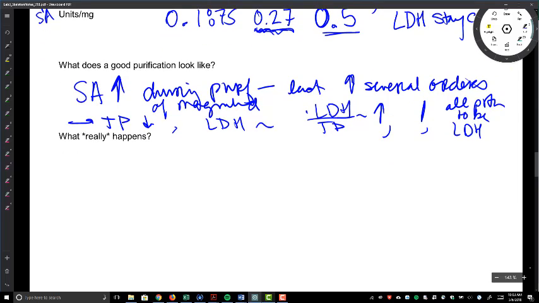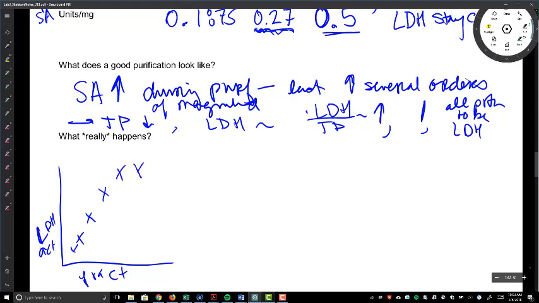What really happens, as you know from doing your purifications, is that when you have the fraction number here and the LDH activity, you have a peak.